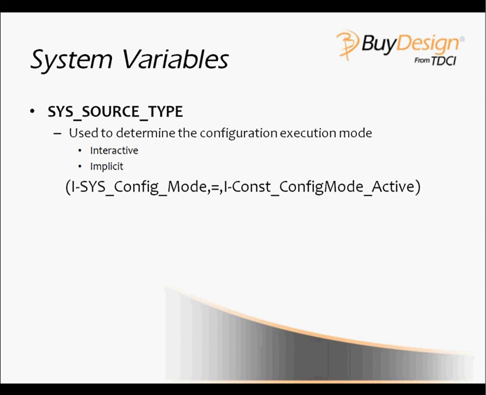All right, the next system variable would be system source type. Okay, sorry guys, I have a little bit of a typo here. This is actually going to, instead of being interactive and implicit, let me know if I'm doing a sales order or a quote order. Okay, so ignore the two bullet points right there. This is going to let me know where I am calling the configurator from.